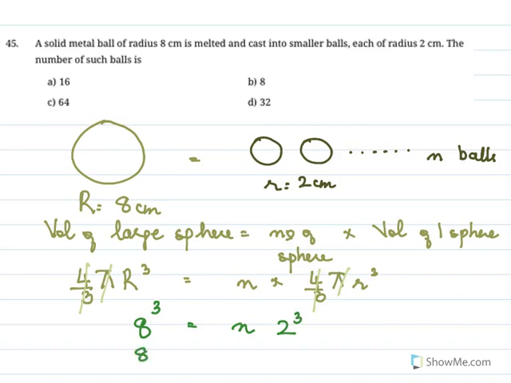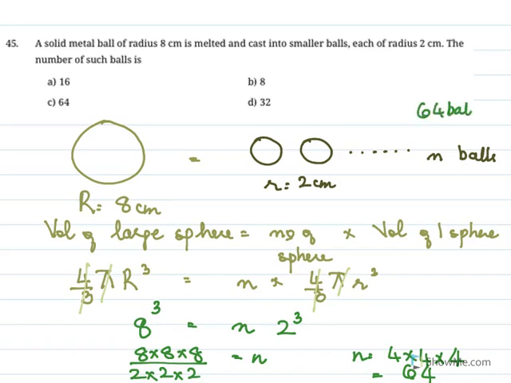So that will be 8 into 8 into 8 over 2 into 2 into 2 equal to n. So n equal to 4 into 4 into 4, and the answer here will be 64 balls. So this large ball can be melted into 64 small balls.